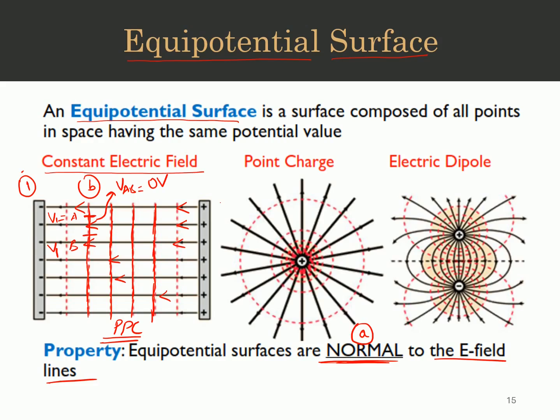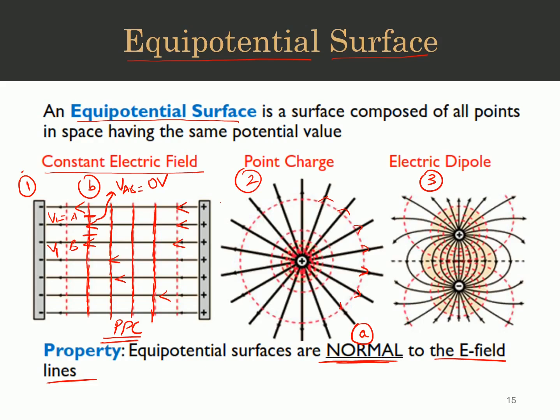Similarly, if we have a point charge, it is radiating electric fields in the outward direction, as you can see by the black lines over here. The equipotential surface of this point charge is these circular red lines where the potential difference is 0, or the potential on each circular line remains the same. Similarly, in the third case, we are talking about an electric dipole.